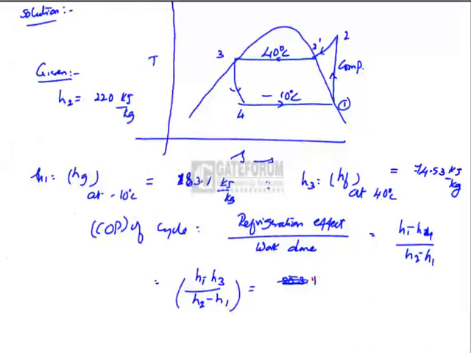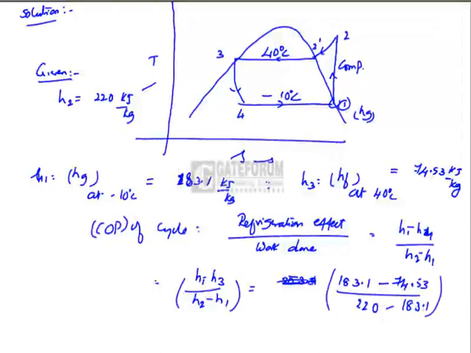Please note that H1 is Hg at minus 10, that is 183.1. So COP is 183.1 minus 74.53 divided by 220, that is H2, minus 183.1. This gives the COP, which may be coming around 2 or 3.